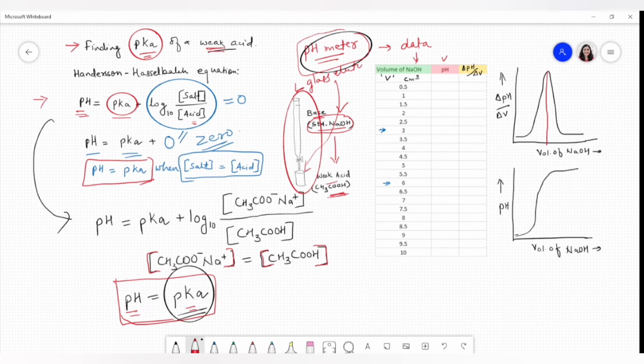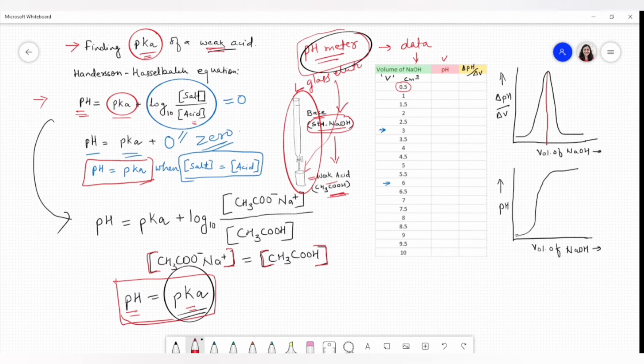What we do is, we take an acid in our beaker and we keep on adding base with the help of a burette, and we keep on measuring the pH value at each 0.5 ml that we add to this flask, and that will give us the value of pH.